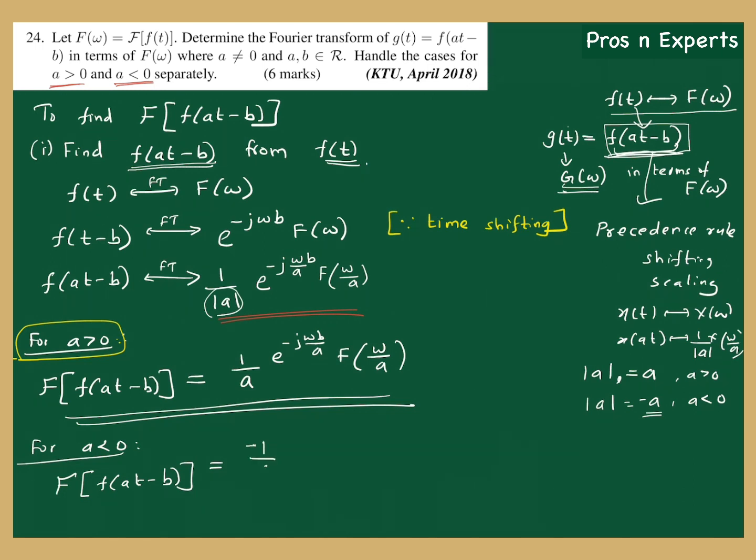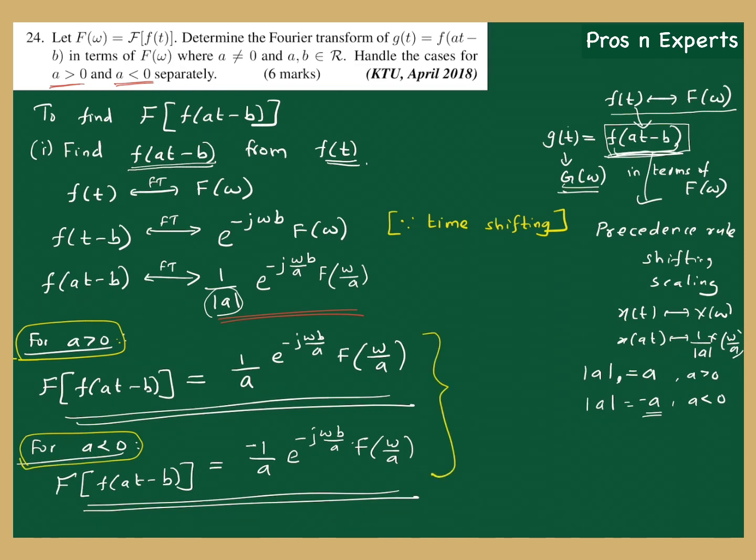That is minus 1 by a into e raised to minus j omega b by a into F of omega by a. So this is the answer to the case where they have asked for a less than 0. So we have handled both cases separately. And now we will see the next question.